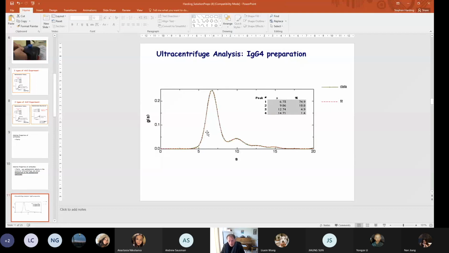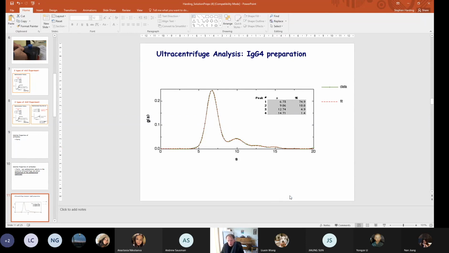And this is one such distribution of sedimentation coefficients. So you've got sedimentation coefficients ranging from about 5 Svedbergs all the way through to about 15 Svedbergs. So this would not be a pure preparation.